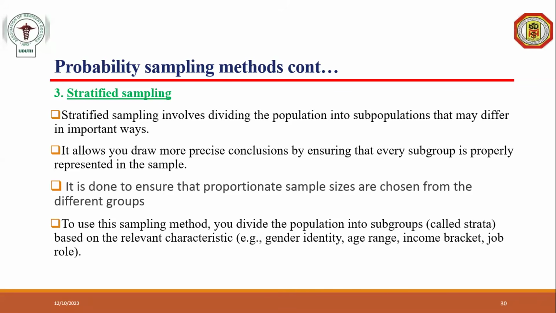Nurses, 200, making 300. Pharmacists, they are 50, making 350. Then lab scientists, let's say they are 50 also, making 400. So all the population, your general population, is 400. But according to their own stratum, each stratum has its own total number.